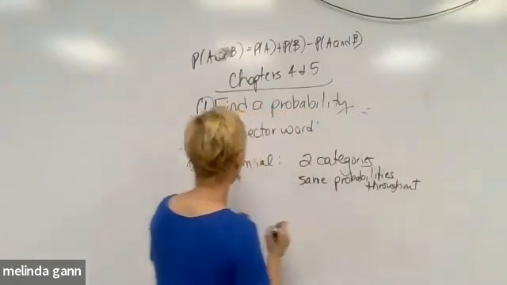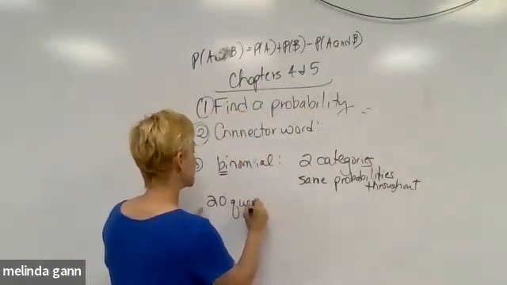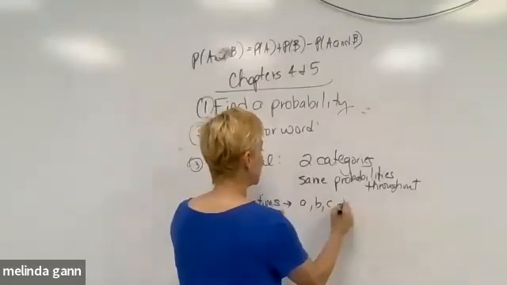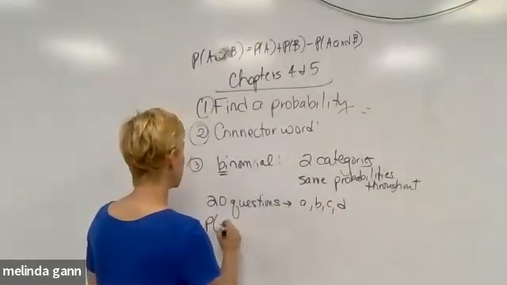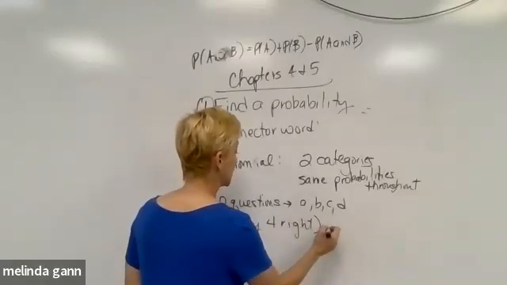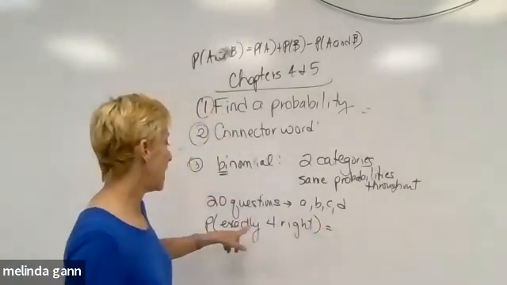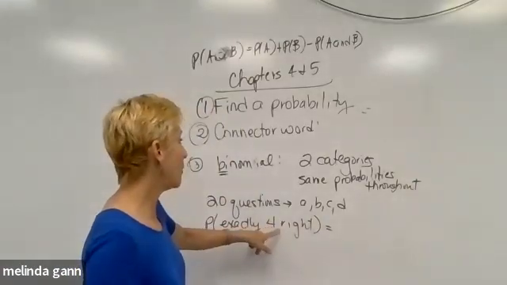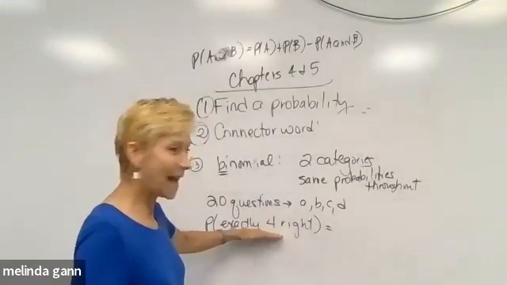So if I say something like there are 20 questions on a test, and you've got A, B, C, D choices, and I say, what's the probability that you get exactly 4 right? And you're just guessing. Well, that's not one thing one time. I don't see a connector word.